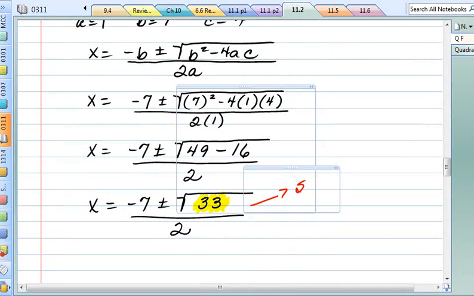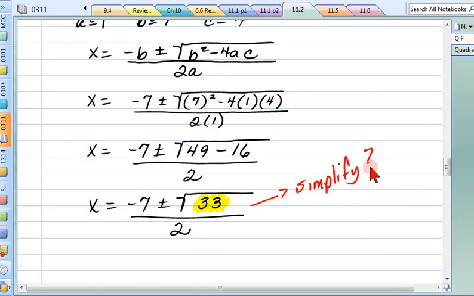All right, question. Can you simplify 33? No, it factors into 3 times 11, but those aren't perfect squares, so that's useless. And what that means is this problem is finished, which is kind of nice.